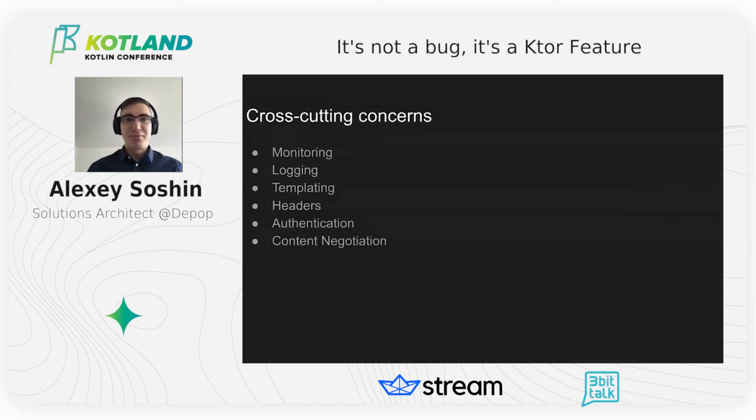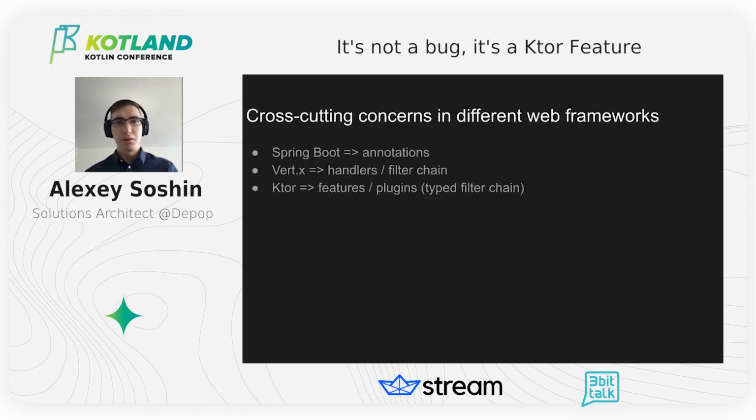Monitoring is just one of the cross-cutting concerns any framework needs to address. There are many others: logging, templating, headers, authentication, content negotiation, and so on. Doesn't matter which backend framework you use, you will need to handle lots of those cross-cutting concerns. Different backend frameworks have different approaches for handling those concerns.